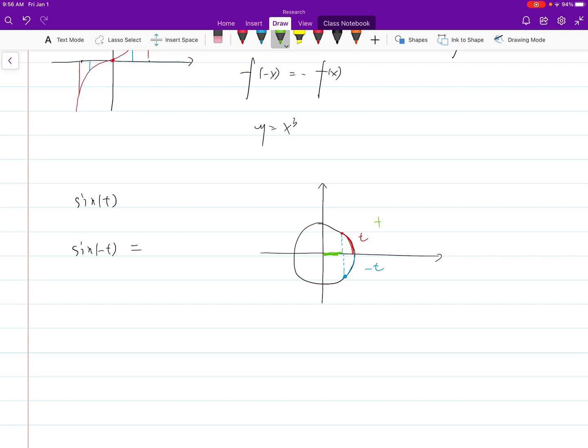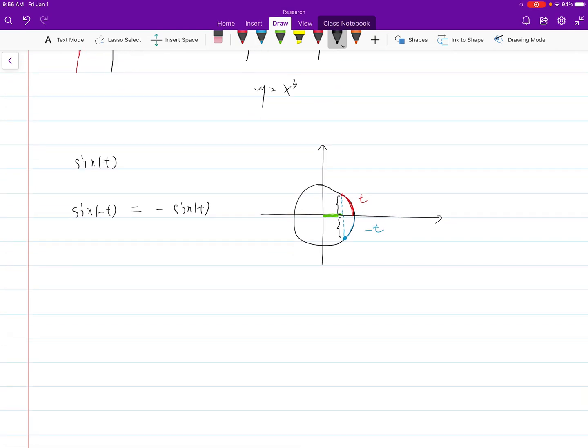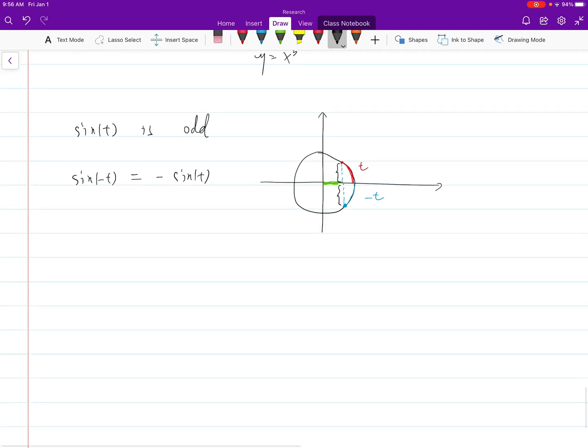These two share the same length here. So they have the same sine and cosine, except one has a positive sign and the other one has a negative sign. So settled. They have the same length because sine t is nothing but y, right? But one is positive, one is negative. Therefore, we have this property. Therefore, this one is odd.